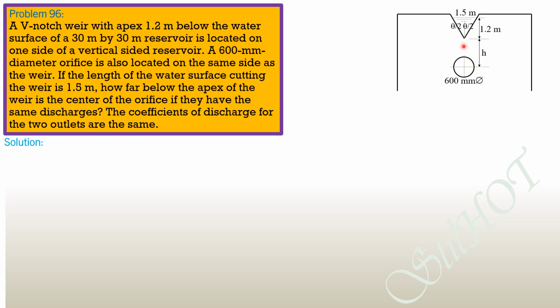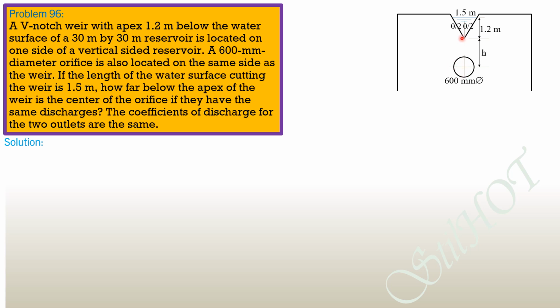Then we have an orifice, also of diameter 600 mm, located, let's call it h, small h meters below the apex of the weir. And the condition is the two outlets have the same discharges and they also have the same coefficient of discharge. So therefore, Q over the V-notch weir is equal to the discharge through the orifice.